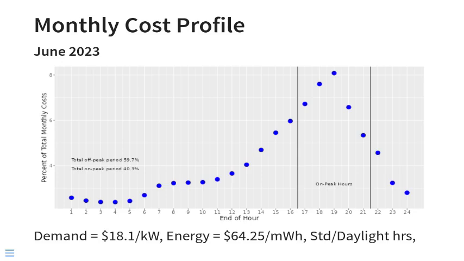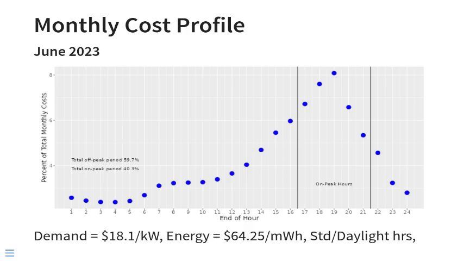And so here you have the same type of curve, where it gives percent of the total cost of June attributable to 1 hour, but we're including both demand and energy. One other thing to note here is that in these graphs, we're using standard/daylight hours, so the hours that people live.